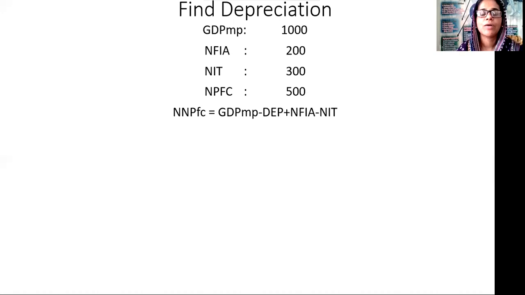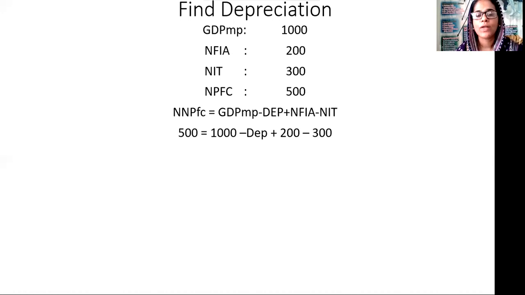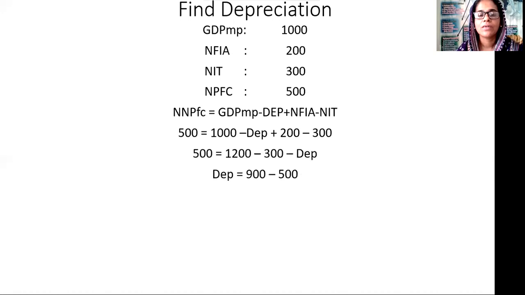Substituting the figures, NNPFC 500 is equal to 1000 minus depreciation, which is not given so you write it as it is, plus 200 minus 300. Now take depreciation to the left side, and you will get depreciation is equal to 400.